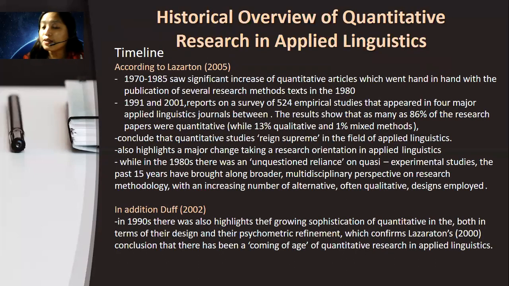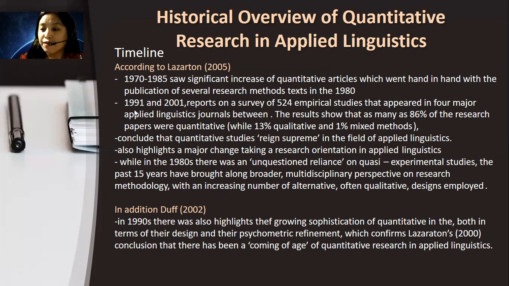And let's continue to the historical overview of quantitative research in applied linguistics. This is a timeline. According to Larazaton, between 1970 and 1985, there was a significant increase of quantitative articles, which went hand in hand with the publication of several research methods books in the 1980s.